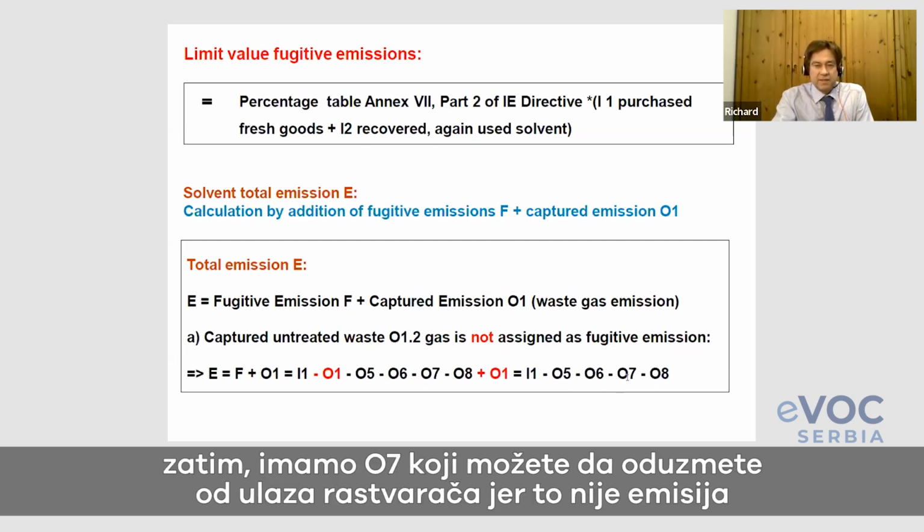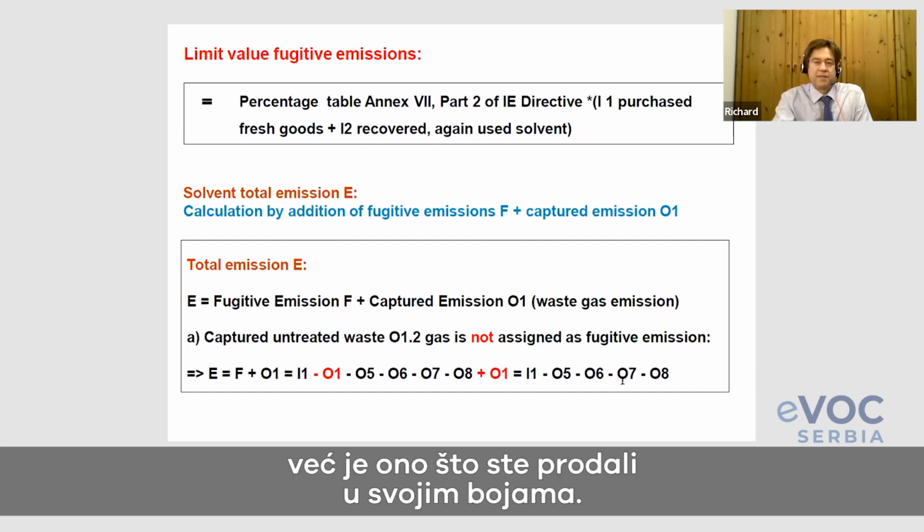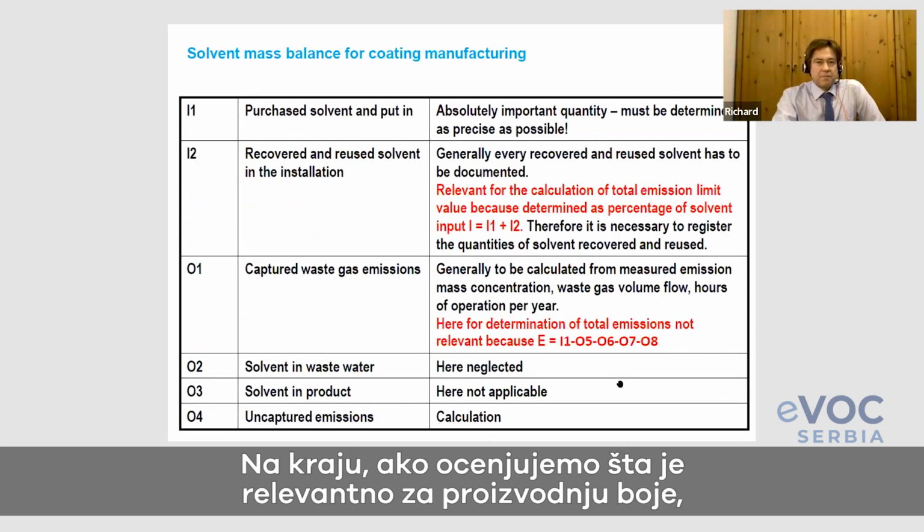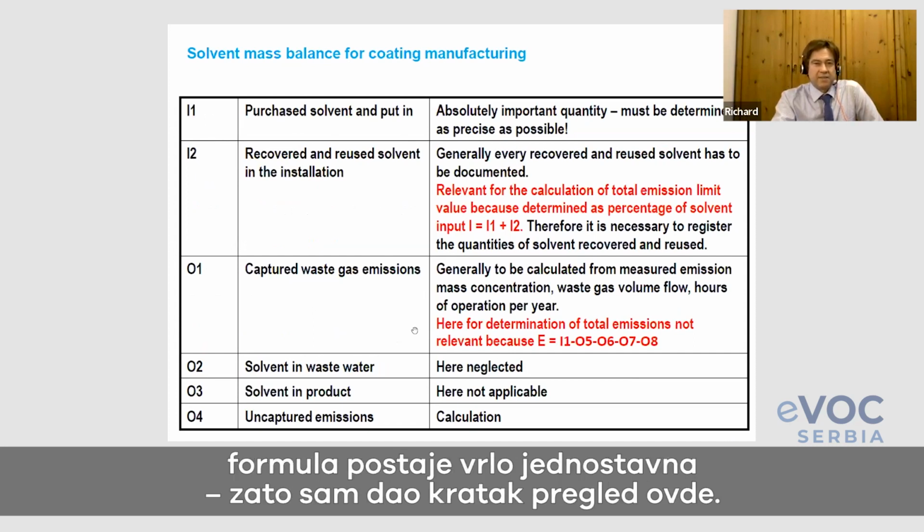And then there is this O7 that you are allowed to subtract, of course, from the solvent input, because it is not emitted; it is what you sell in your paints. So at the end, if we assess what is relevant for the paint manufacturing, you see that the formula gets rather easy.